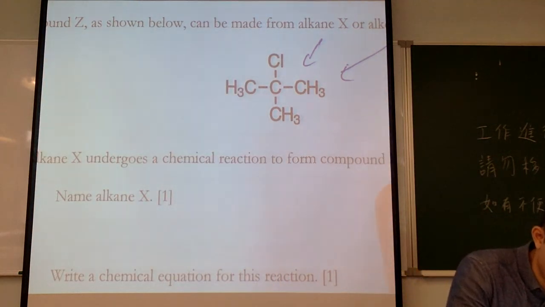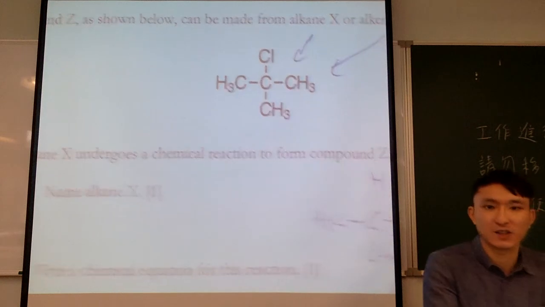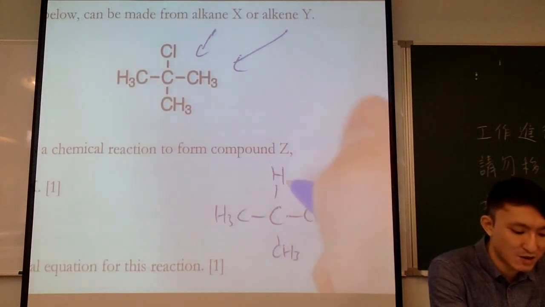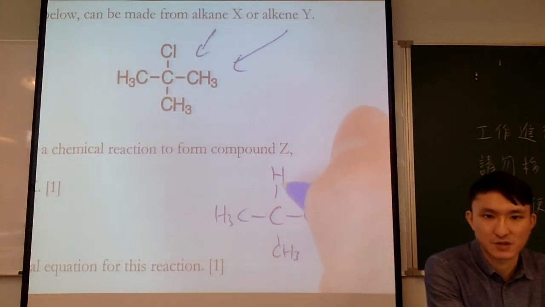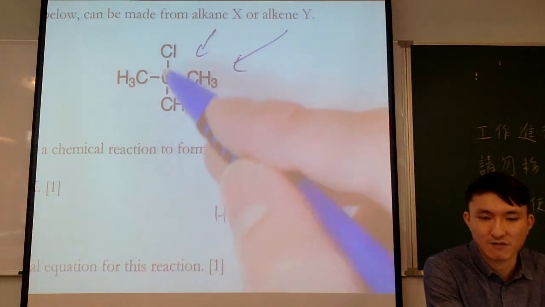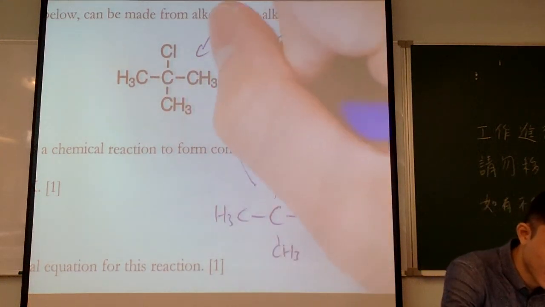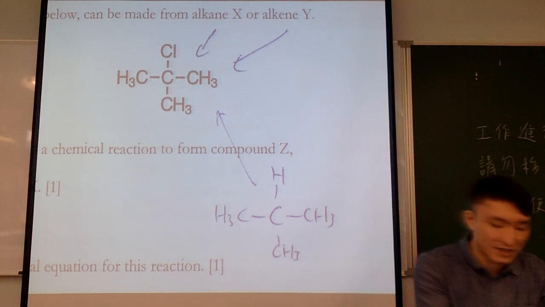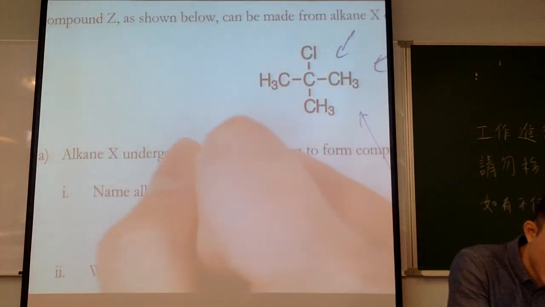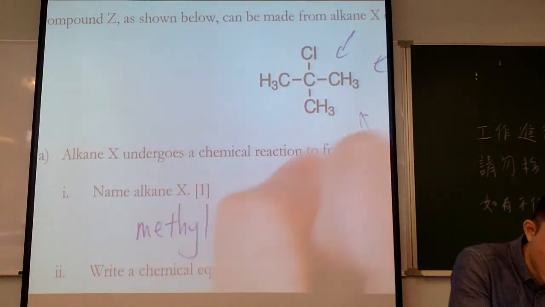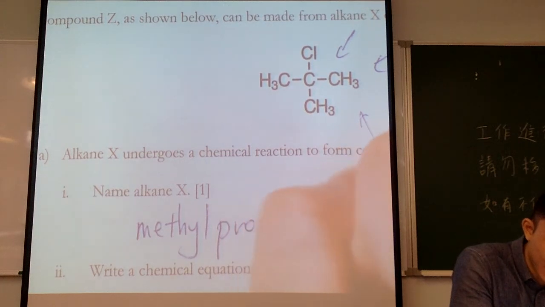So that should be this one. That should be the corresponding alkane, right? Think about it, with this hydrogen atom substituted by a chlorine atom, it will give rise to this, okay? All right? So what is the name of this? This one would be methylpropane, right?